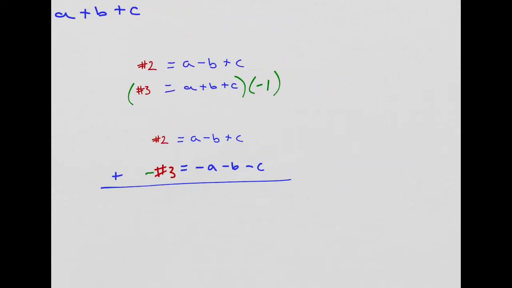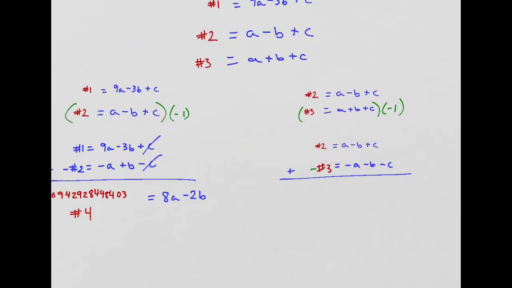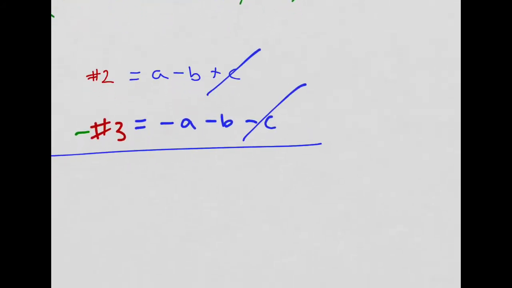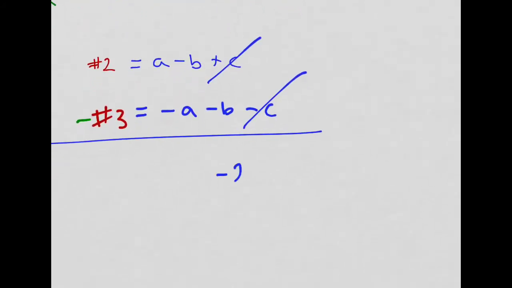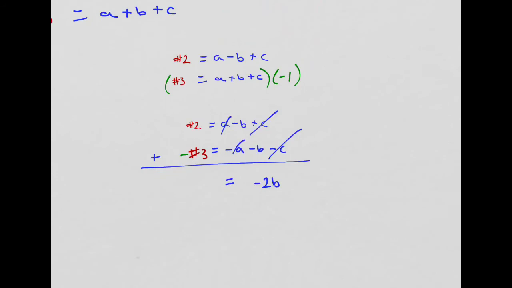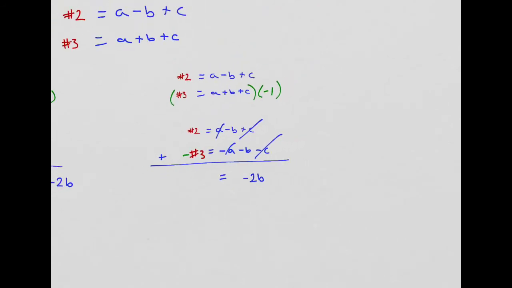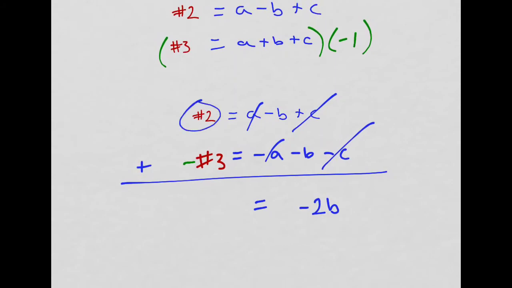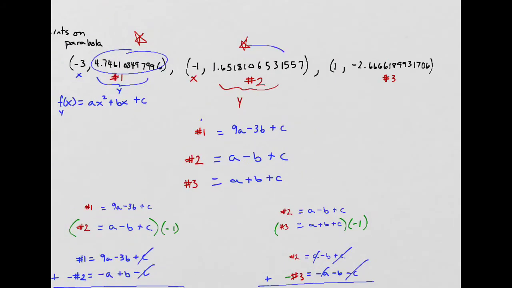Oh, this is very lucky. Sometimes it won't happen this way, but let's see. So the C's cancel out. I get negative 2B. The A's also cancel out. So that's nice. So that goes away. And then equals, well, here I have to take number 2, which is this one.